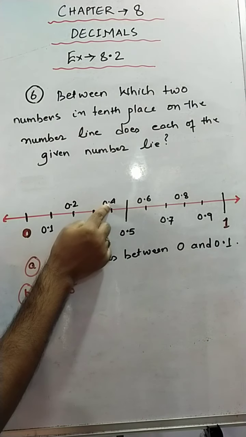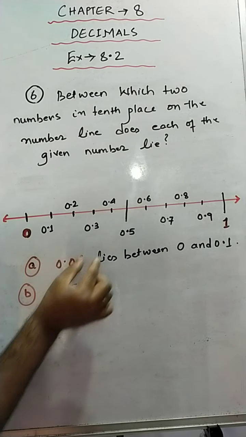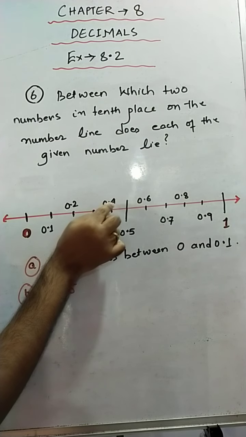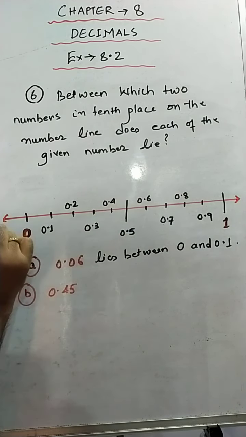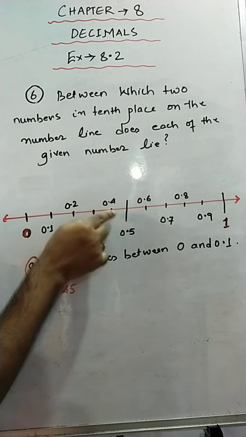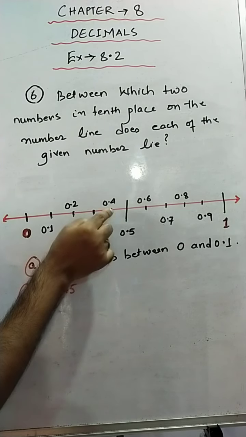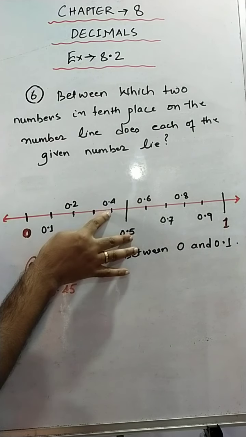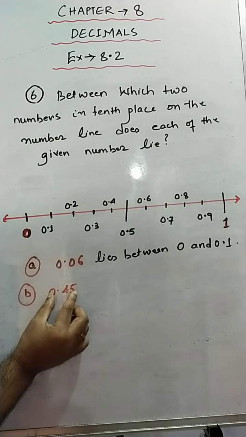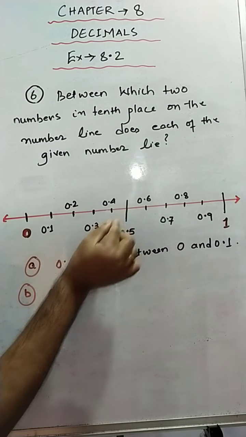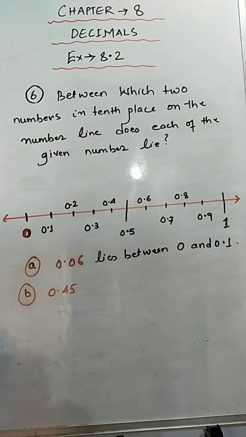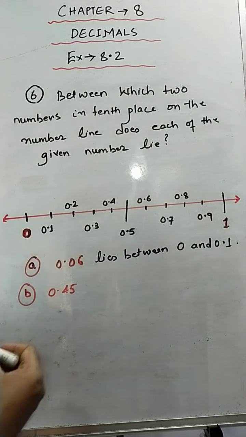Where is 0.4? Here. So this number will fall under these two tenth places, that means 0.4 and 0.5. Okay, so in between these two numbers in the tenth place, 0.45 will lie between these two points, 0.4 and 0.5. Now let us write it down.